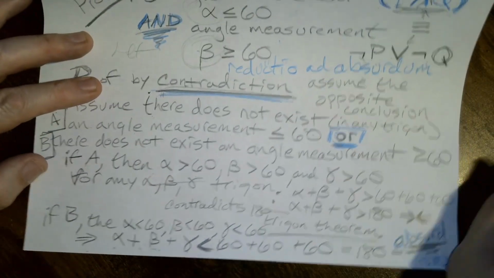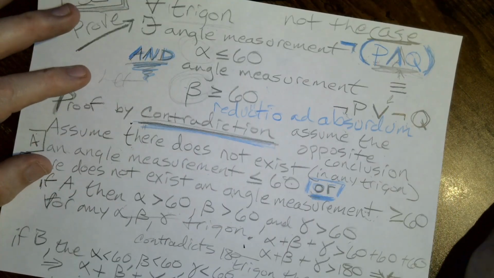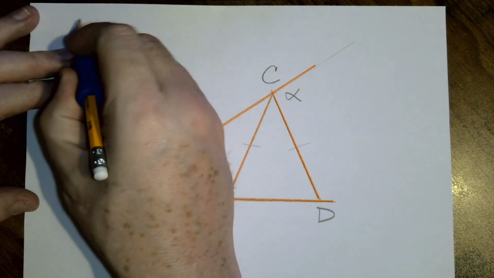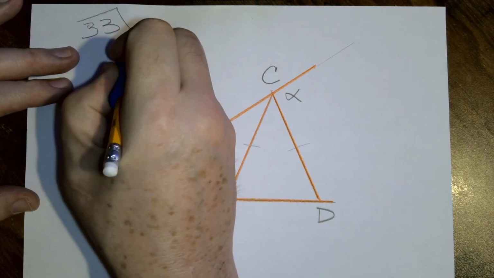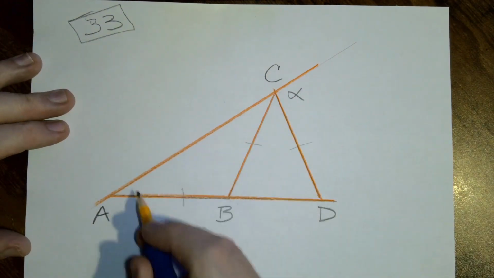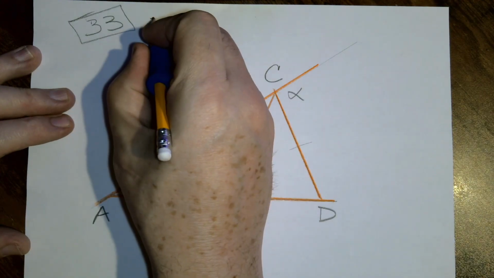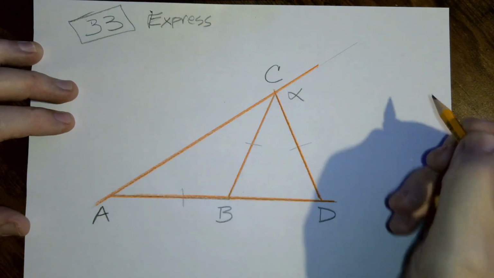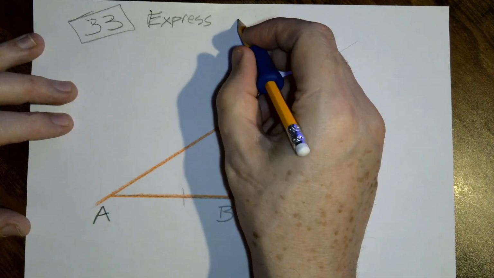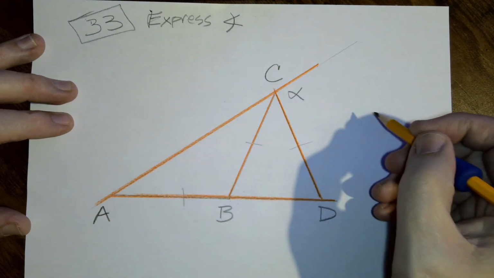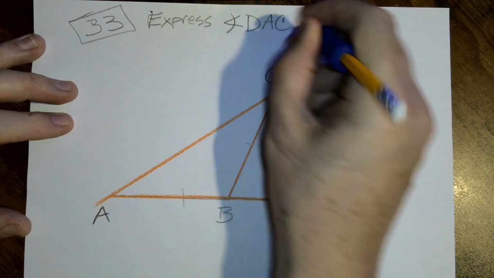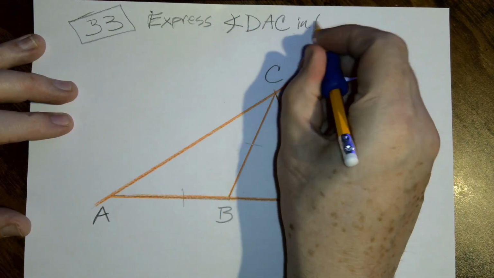So that was 32. Okay, this is 33. They give us this figure here, and they tell us to express angle DAC in terms of alpha.